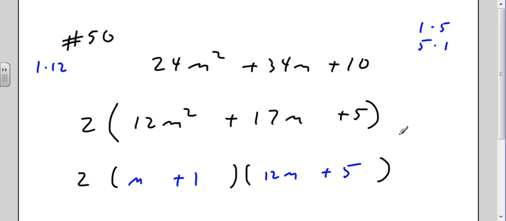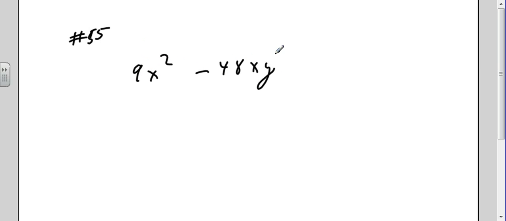We will look at 55: 9x squared, 48xy squared, 64y to the 4th.